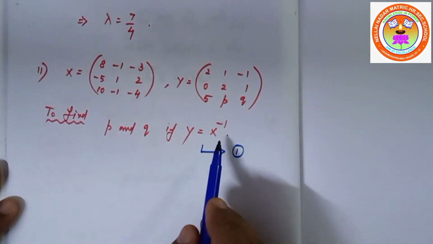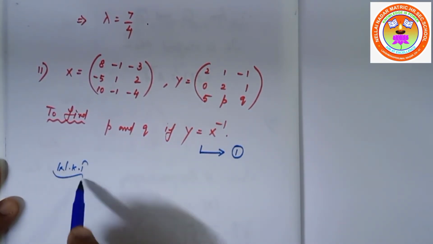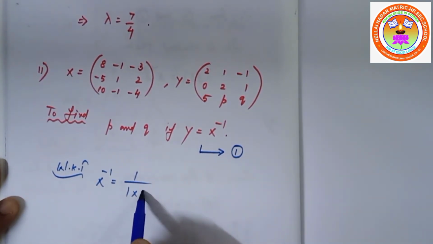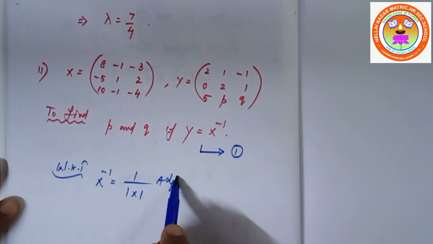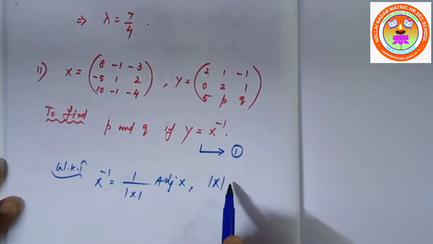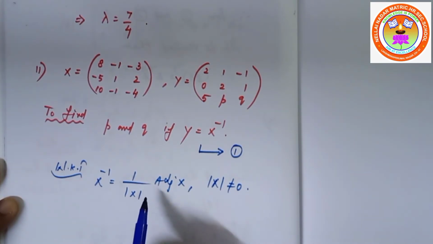So we can find the X inverse first. We know that X inverse is equal to 1 by determinant of X into adjoint of X. The condition is that determinant of X is not equal to 0, because the determinant of X is in the denominator.